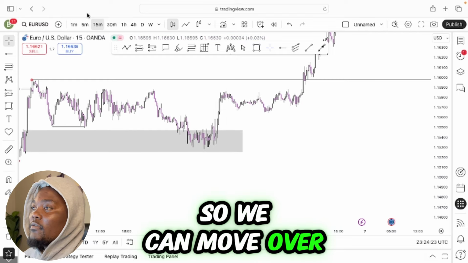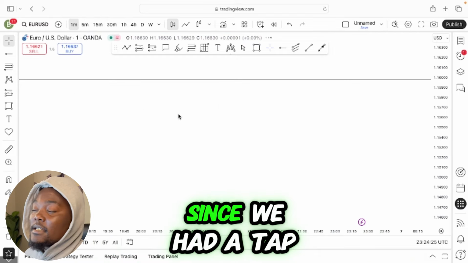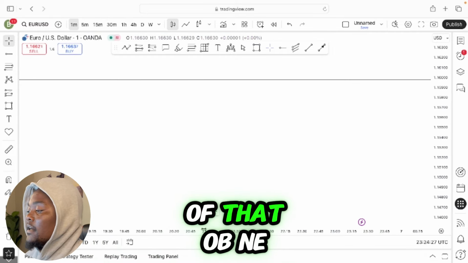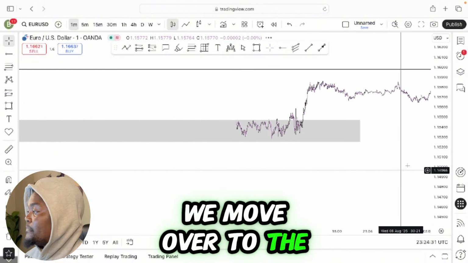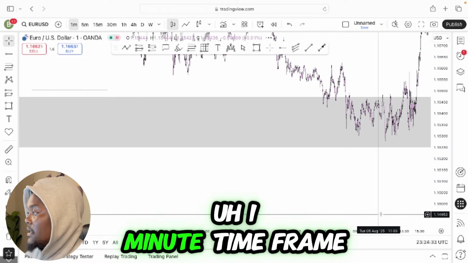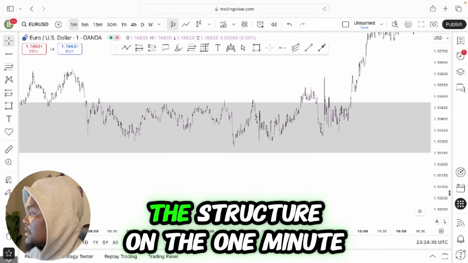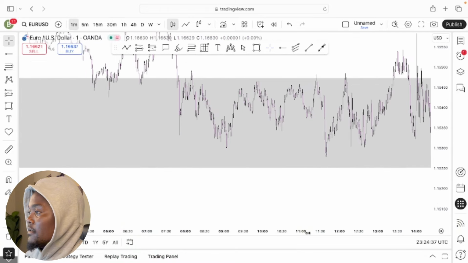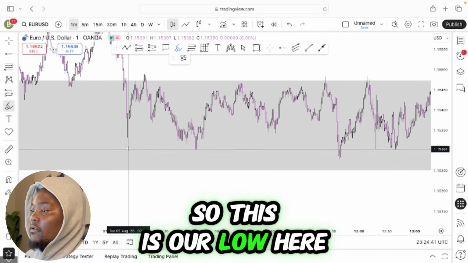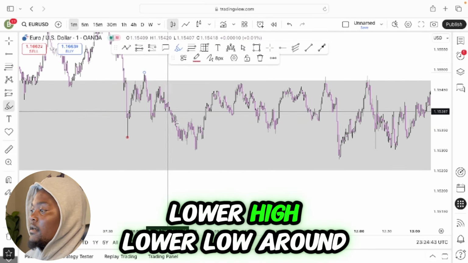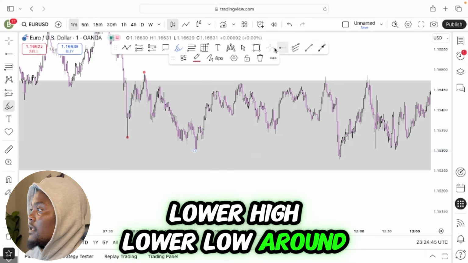So we can move over to the 1 minute time frame, since we had a tap of that OB. Just like that, we move over to the 1 minute time frame. So let's just look at the structure on the 1 minute. As you can see right there, this is our low here, lower high, lower low around that point.